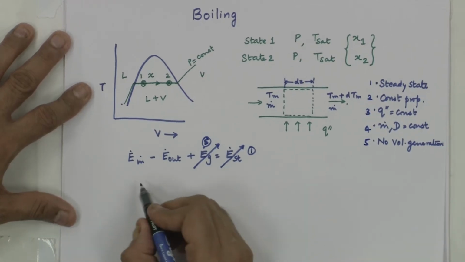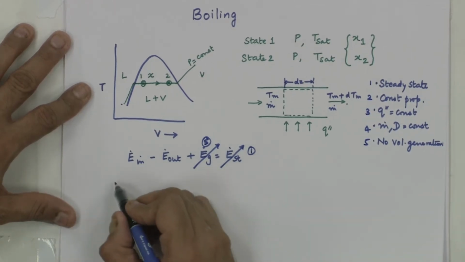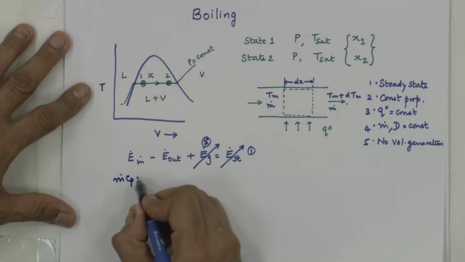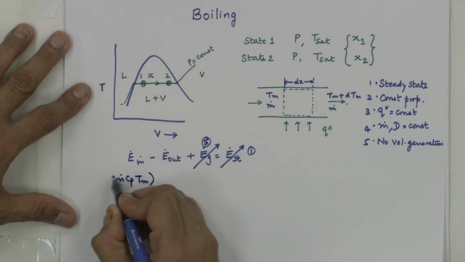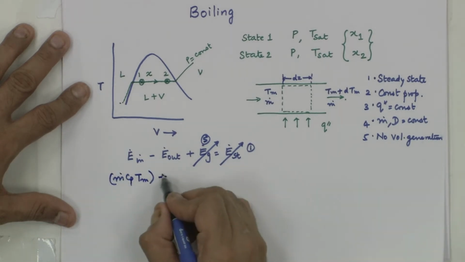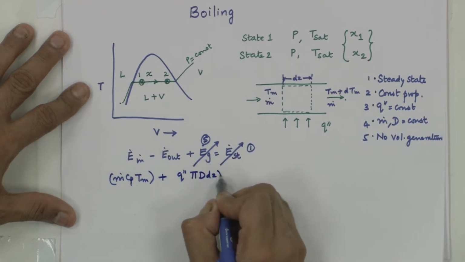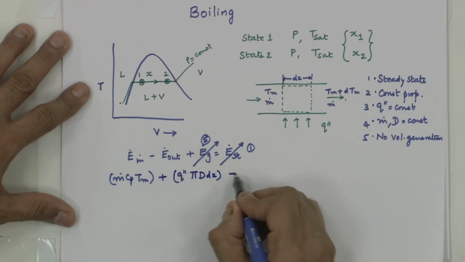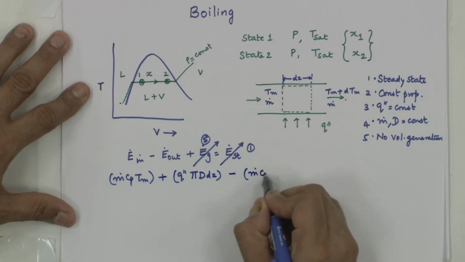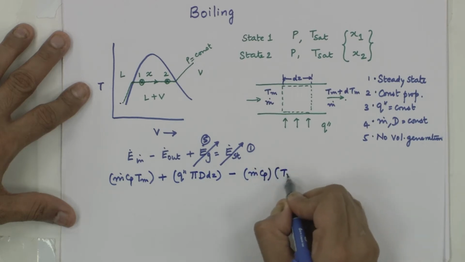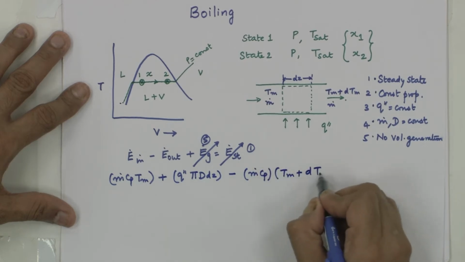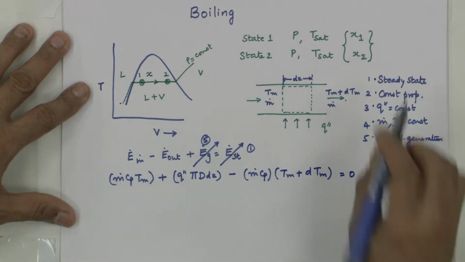If I write the energy balance for this control volume, it would be m dot Cp T bulk mean in coming in plus q double prime pi d dz if it is a circular pipe minus m dot Cp Tm plus dTm equal to 0.